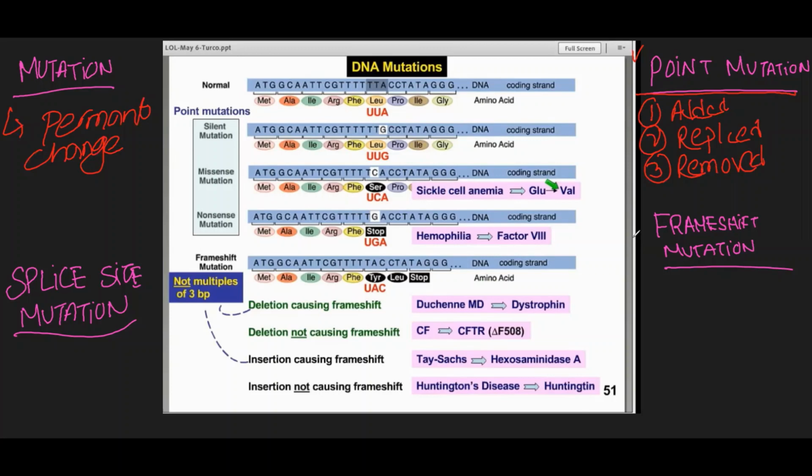So next is the frame shift mutation. What happens in frame shift mutation is that nucleotides are deleted or inserted in a number not divisible by 3, leading to misreading of downstream nucleotides.